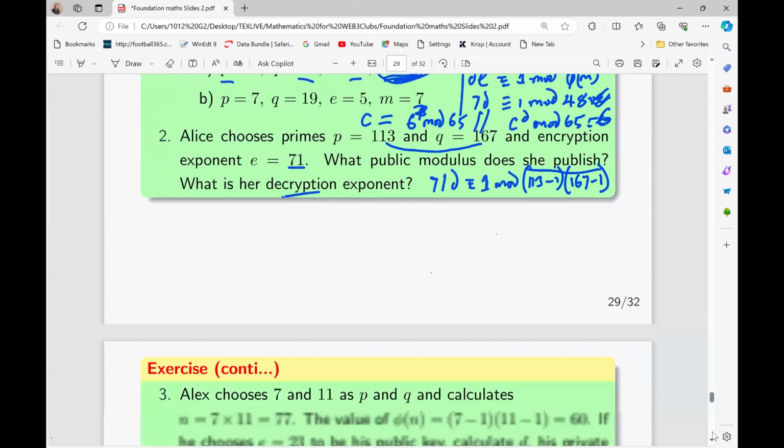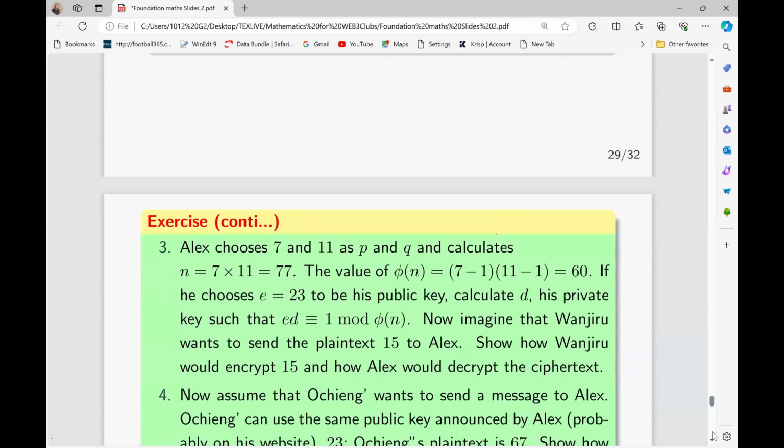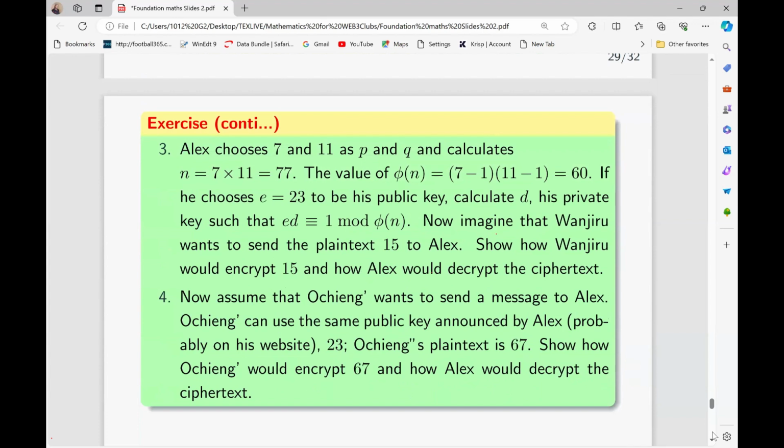Now, there's one that I want us to look at. What is the one I'm looking for? Now, this one, nothing new. It's the same thing. Alex chooses 7 and 11 as private prime numbers, calculates N, and then calculates phi of N. If he chooses this to be public key, calculate D. It's the same as we've done above.